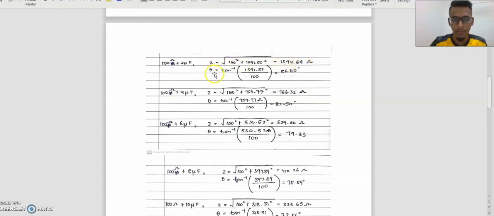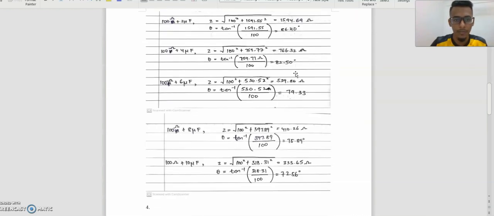Then theta equals tangent inverse of 1591.55 over 100, so we get the answer as 86.40 degree. So we must do this for all the equations that we have.